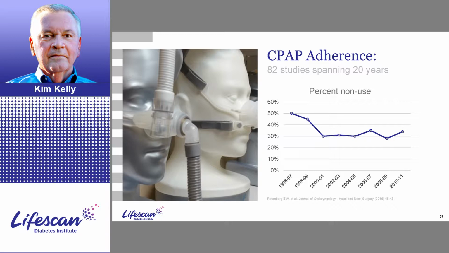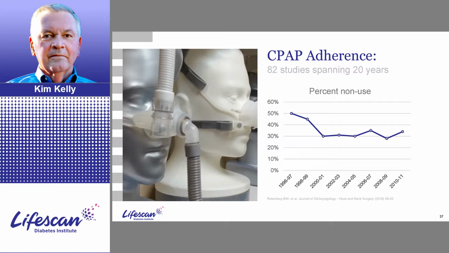CPAP adherence, the real key to the benefits of CPAP. There is a great review, 82 studies spanning over 20 years of CPAP use. Originally, when CPAP was first developed, it was one continuous pressure. And as a result, a lot of patients were uncomfortable with it.